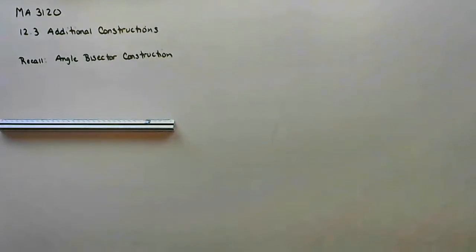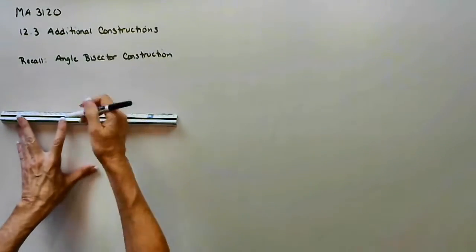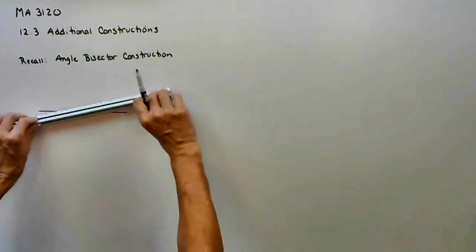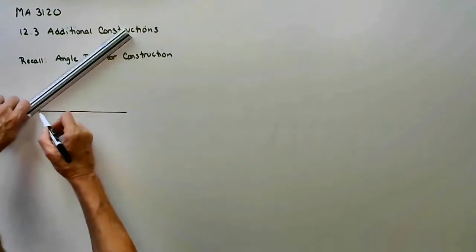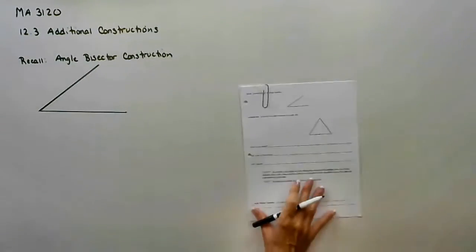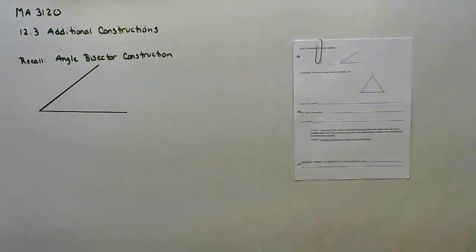So let's first start with an angle. Any angle. And the one I gave you, if you're using that template, looks roughly like this. If you're using the template, we're just on the second page there.